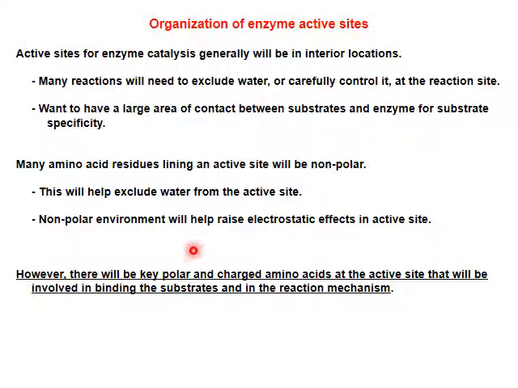So the key thing is that there are key polar and charged amino acids in the active site that will be involved in binding of the substrates and the reaction mechanism, in addition to the hydrophobic environment that provides a more electrostatically favorable active site for interactions.